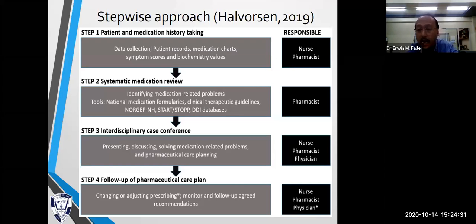You'll be able to relate and identify drug-related problems, correlate them, and compare them with the clinical guidelines, the therapeutic guidelines that you always follow, whether it's the START/STOPP tool, the drug interaction databases, your MIMS, your drugs.com, etc. You'll be able to clarify it.